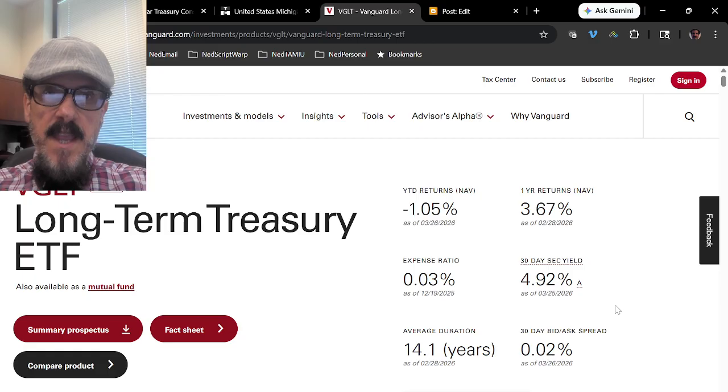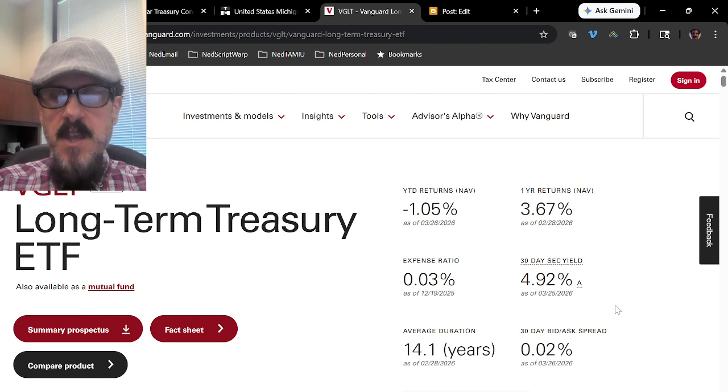So it's a way of shorting the market that is relatively safe and that gives you a yield. So it pays an interest, which at the moment is a reasonable interest.